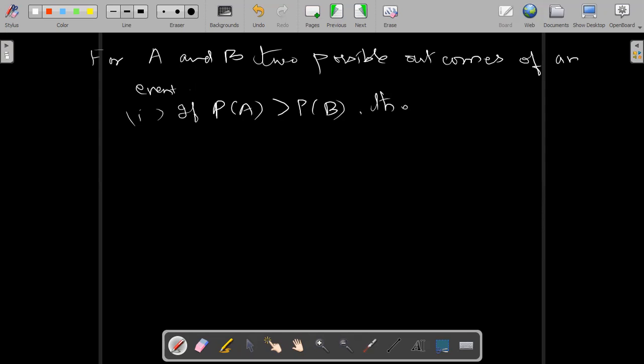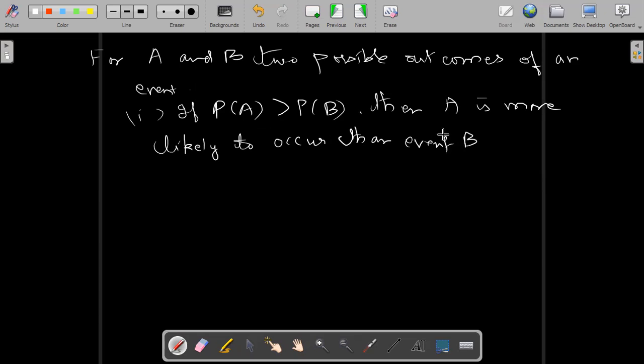Then A is more likely, and there are more chances of getting the event A, more likely to occur than event B. But if the probabilities of A and B are equal, then we are just taking the equally likely event.